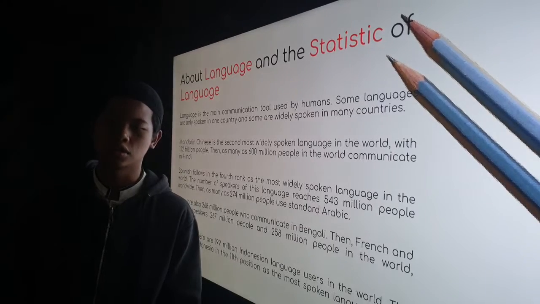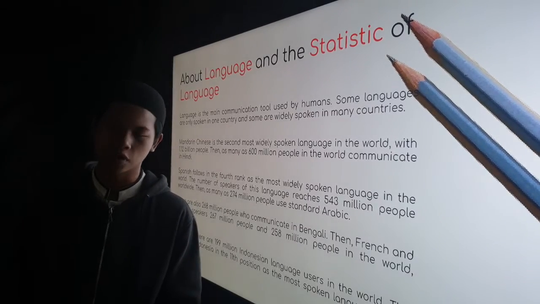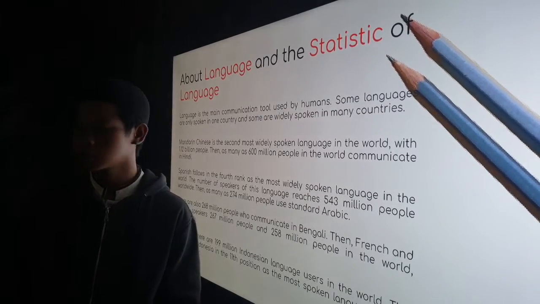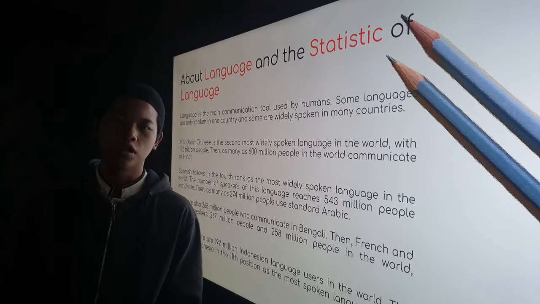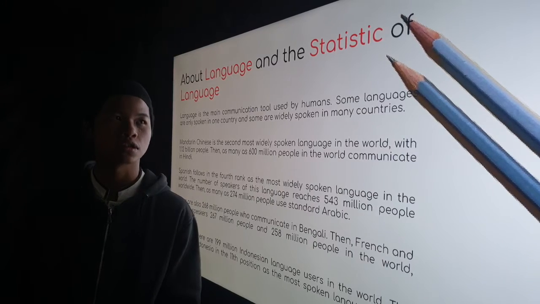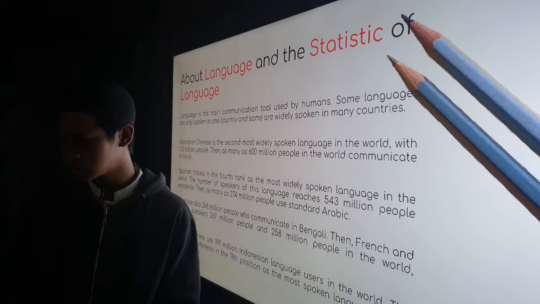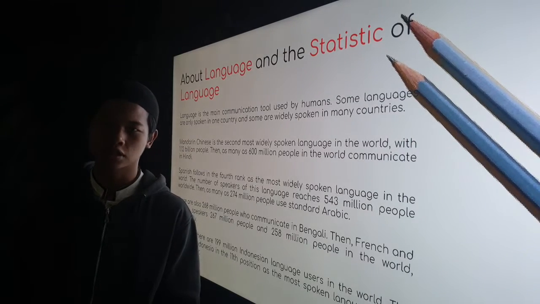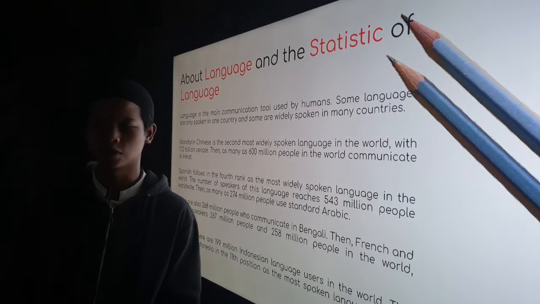The third topic is about languages and statistics of language. In the world, languages are not just English. There are many languages in the world, like Indonesian, English, Japanese, Korean, and others. So I will give you statistics of languages in the world.